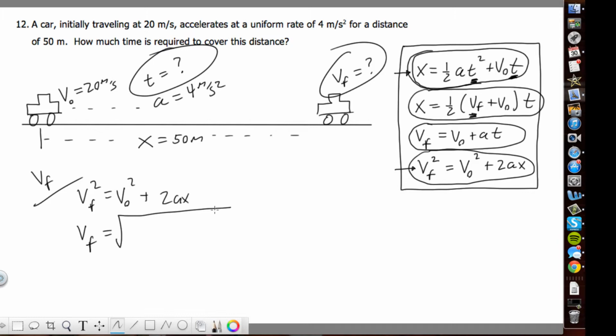For regular physics, I'm going to let you guys do it whichever way you're more comfortable with. But it's really to your advantage to do the algebra first and then put numbers in. Because what variable are we solving for here? V. Well, that's actually a bad example because it's not too difficult. But do the algebra first, then put numbers in. So V final is going to be the square root of V initial squared plus 2ax.